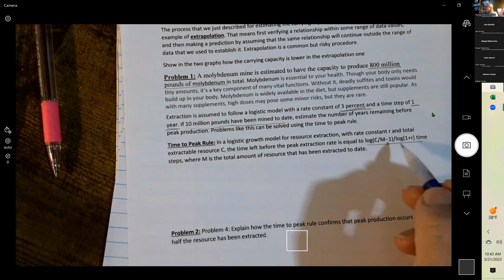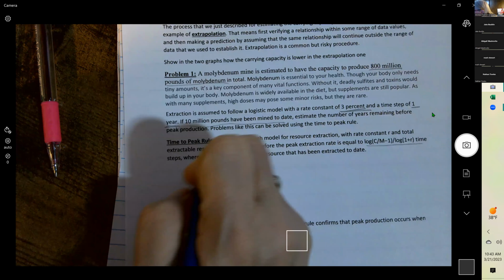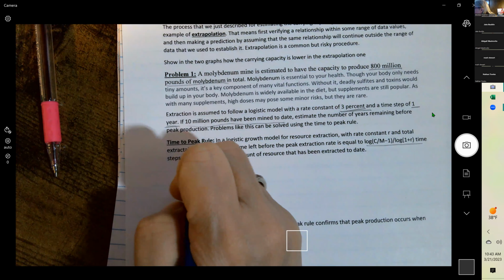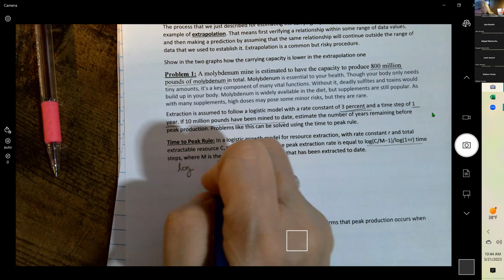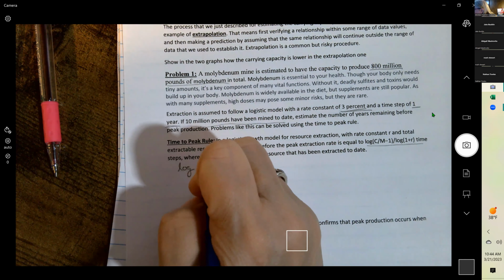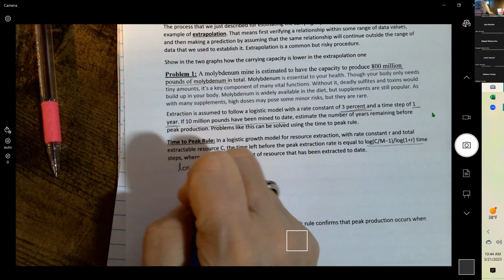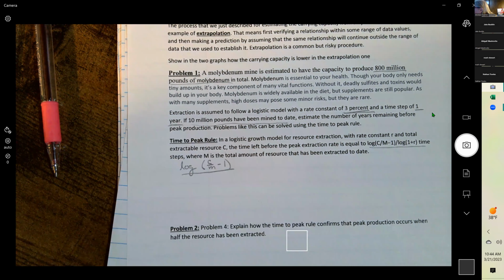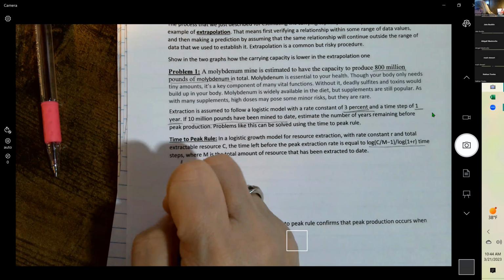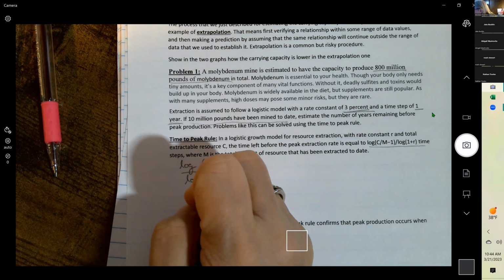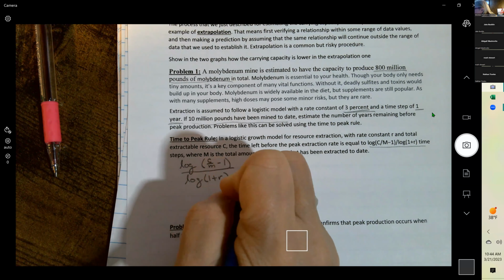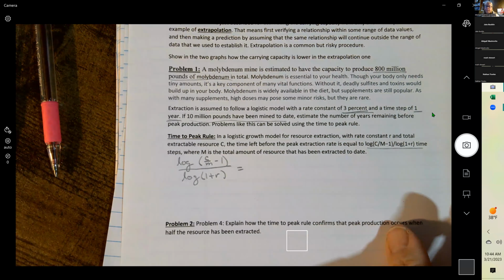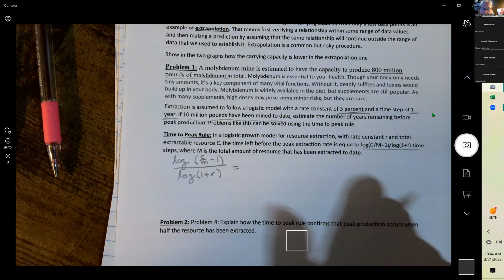So we have our equation, but we need to know what the values are. So we know the log of C over M minus 1, divided by the log of 1 plus R. So we need to find our values.